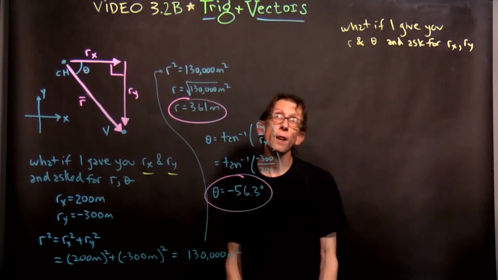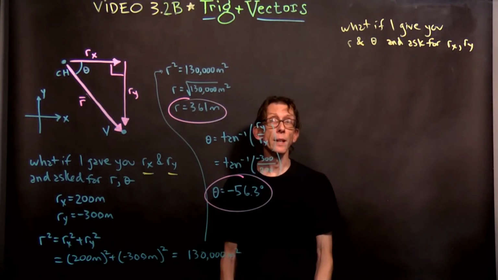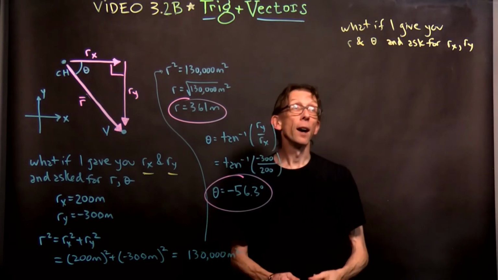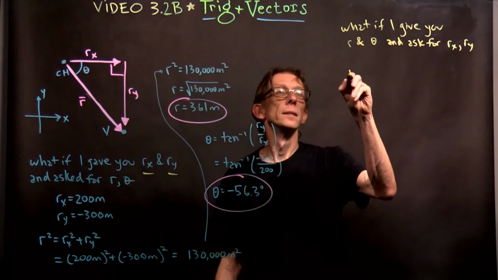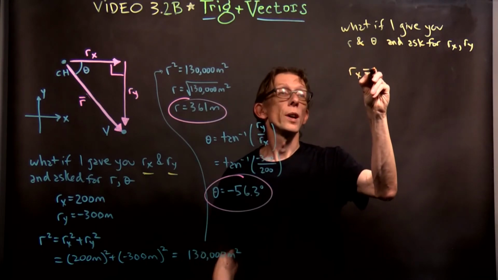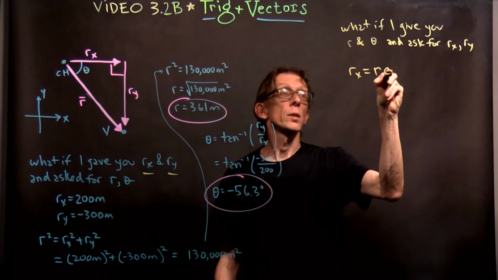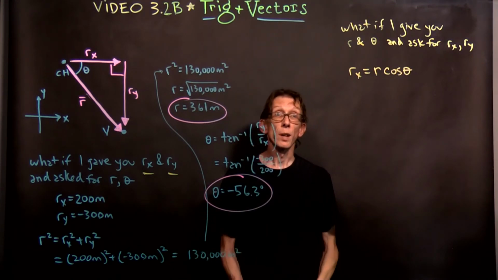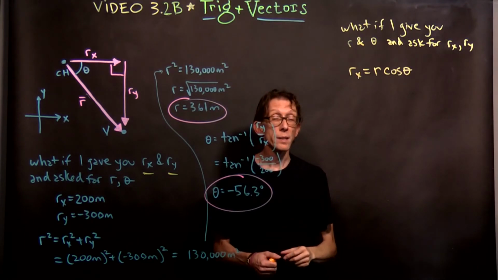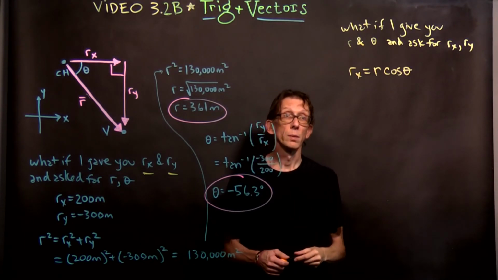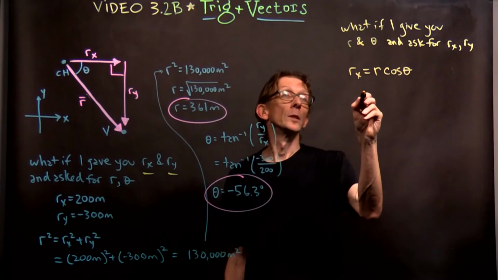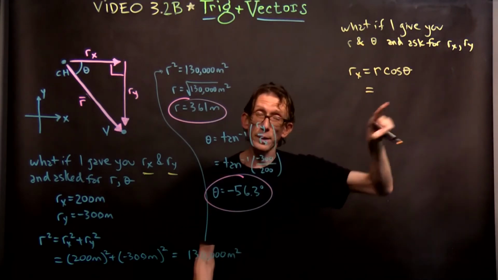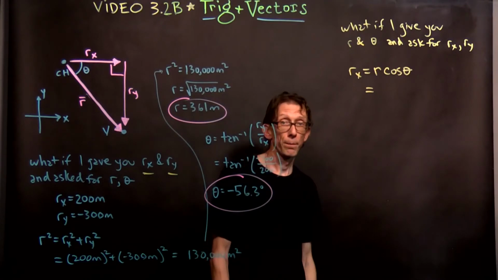Well, if you go back to the video from before, the trigonometry video, you'll see that Rx is equal to the hypotenuse times cosine of theta. That's because of the way cosine is defined as the adjacent over the hypotenuse. Okay. Those were the formulas I circled over to the right hand side of the screen in the last video.